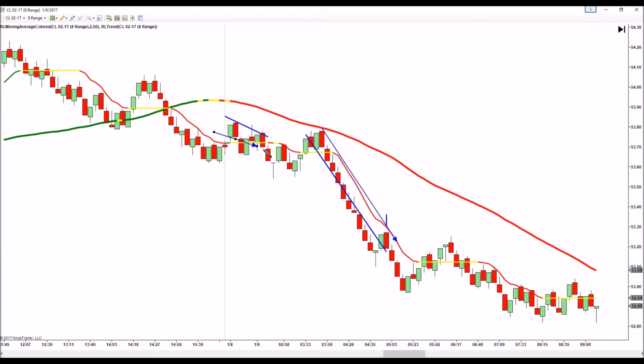Here's a channel. And you move it out here. And the question is whether you take the entry here. And the answer would be yes. Now this is 2:58 in the morning, but you're actually going to get 5 ticks. That's your third lower low, lower high, and third lower low.